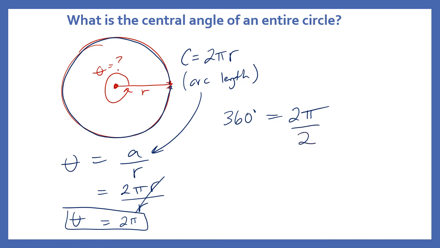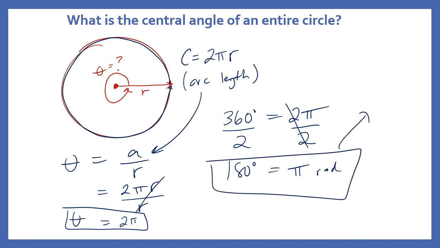If I divide both of those by 2, those 2's cancel, and I now get 180 degrees equals pi radians. And that right there is our conversion factor. So 180 degrees equals pi, 3.14 radians equals 180 degrees.